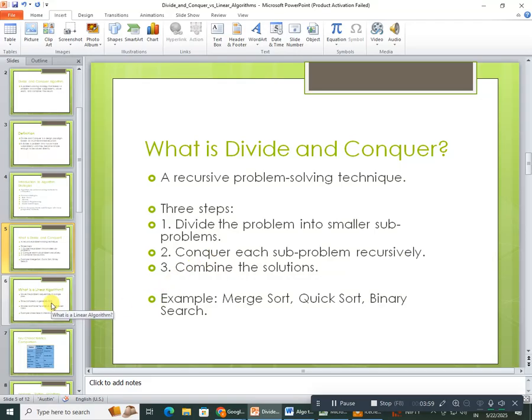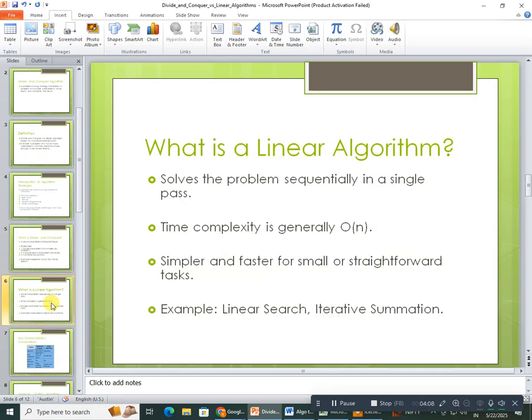Okay, so now let us compare the divide and conquer strategy with linear algorithm. So linear algorithm means the most basic type of algorithm in which you solve a problem in a single pass without actually dividing it into smaller sub-problems.